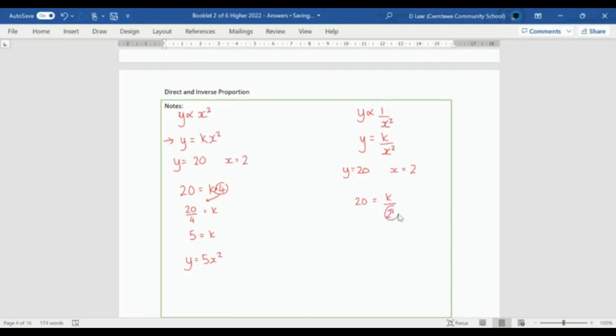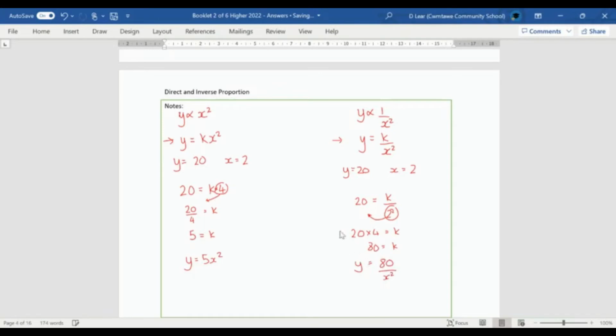So we'll take this 4, and when we move it this time, it's a divide becoming a times. So it's 20 times 4 is k. So 80 is k. And then we go back to this step, my apologies, not quite the start, and put y equals, and where we see k, we'll put 80 over x squared.